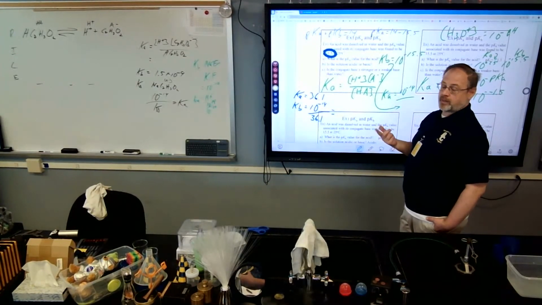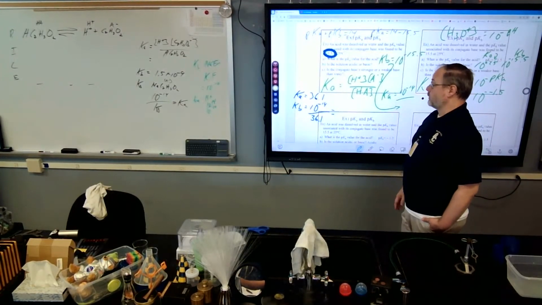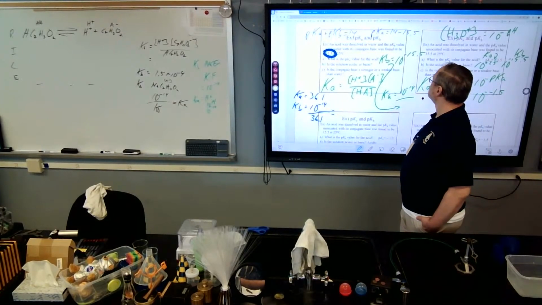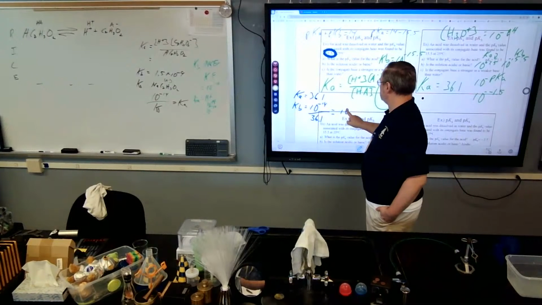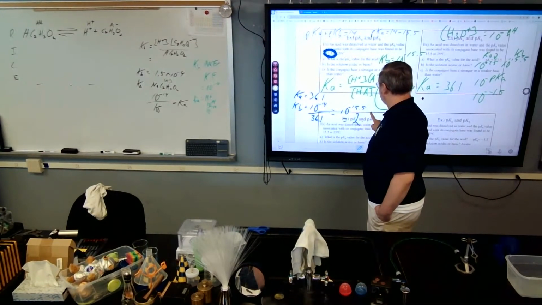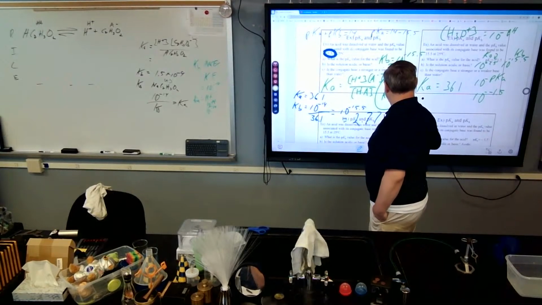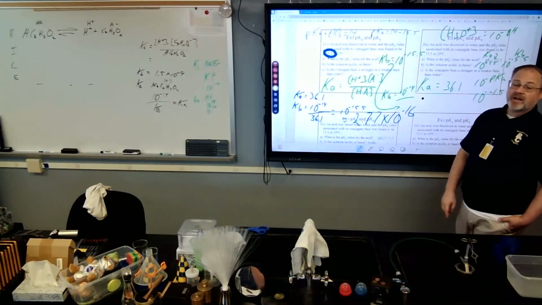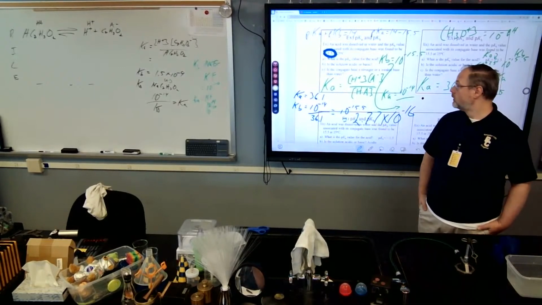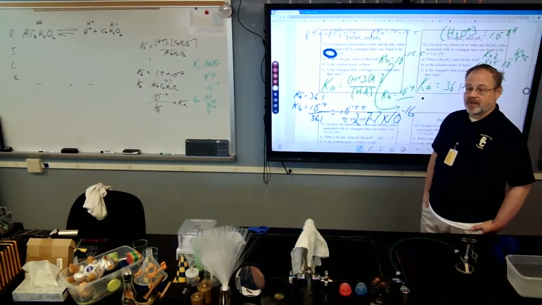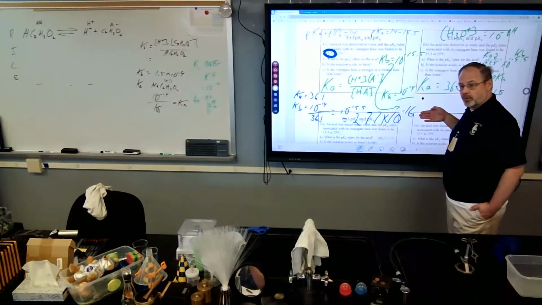Could be 10 to the negative 15 something. It's actually 2.77 times 10 to the negative 16. So that is an exceptionally feeble weak base. You see why this is an exceptionally feeble weak base?